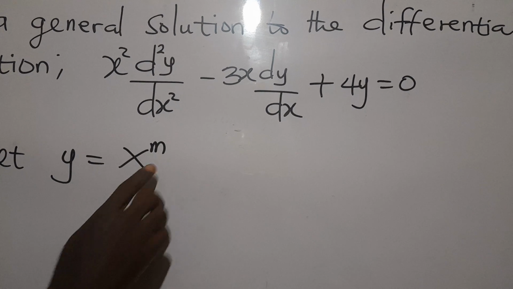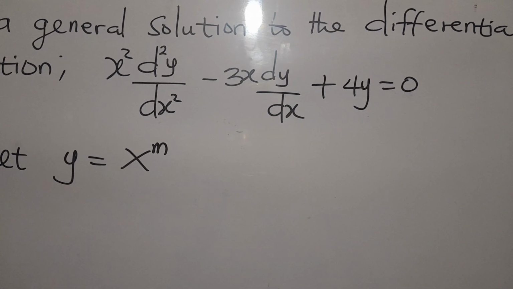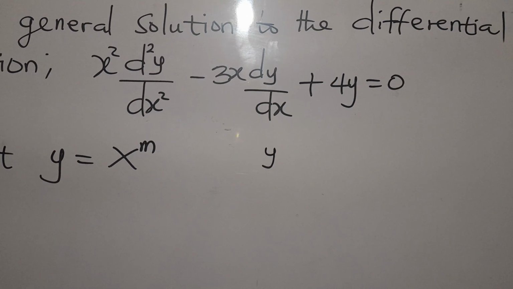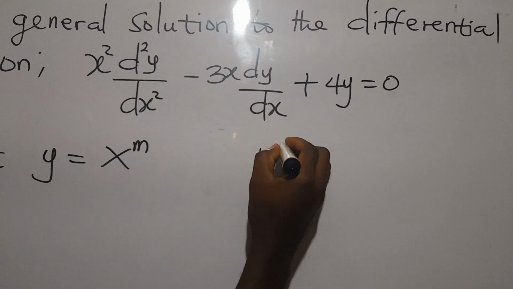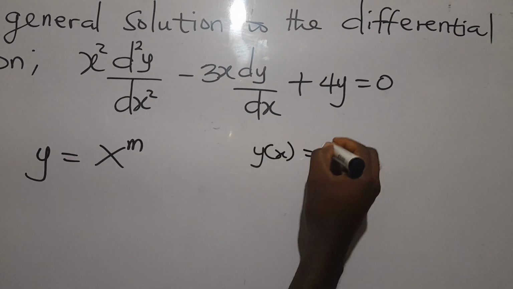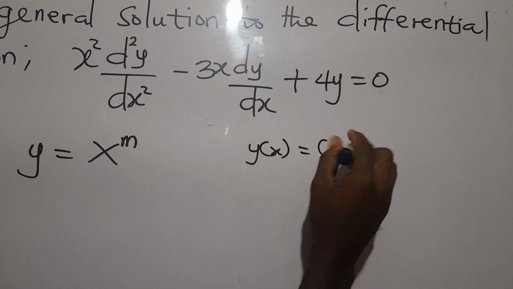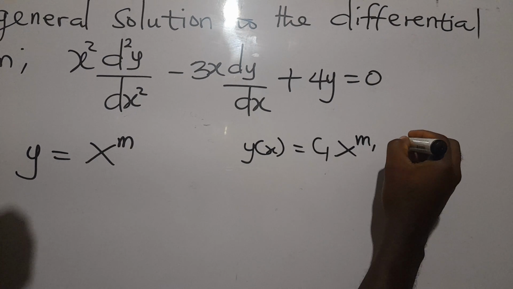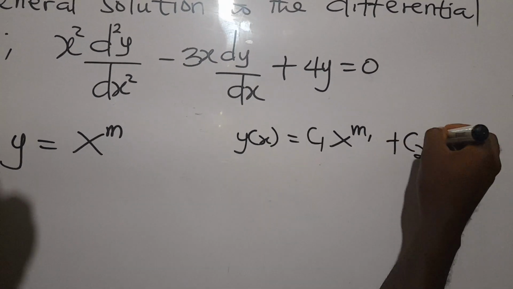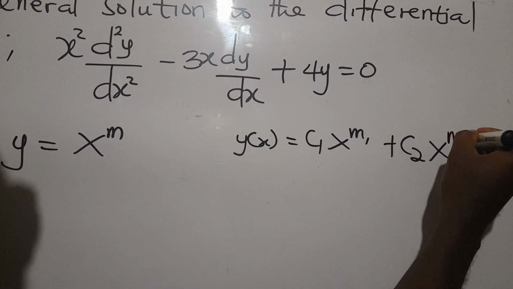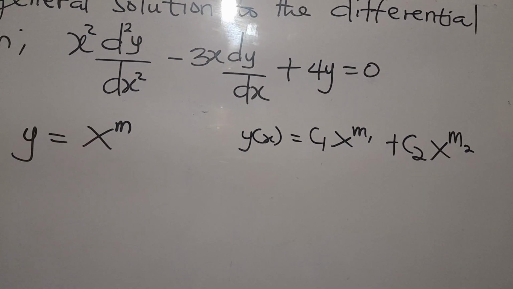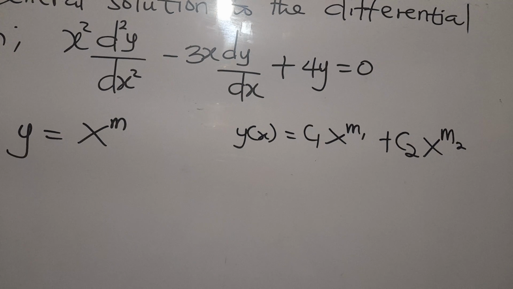When m has two distinct roots, the general solution y of x will be c1 x^m1 plus c2 x^m2.